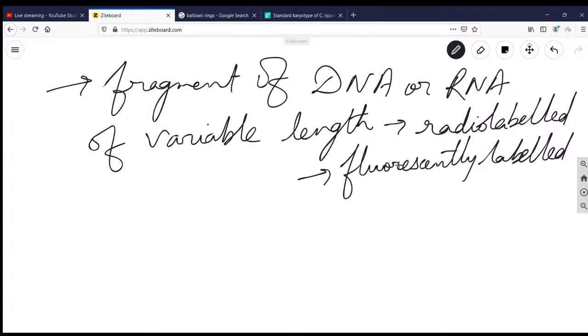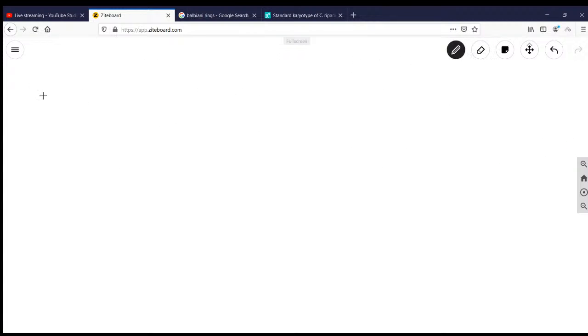Suppose you have a DNA molecule here. A probe is nothing but a very short sequence of nucleotide bases that will get bound to specific regions, just like microRNA binds to the 3' UTR via its seed sequence of 8 nucleotides.